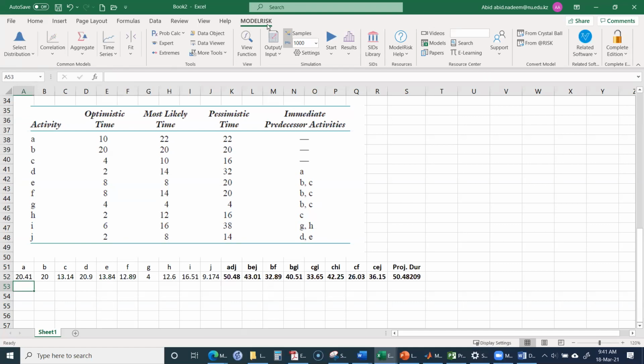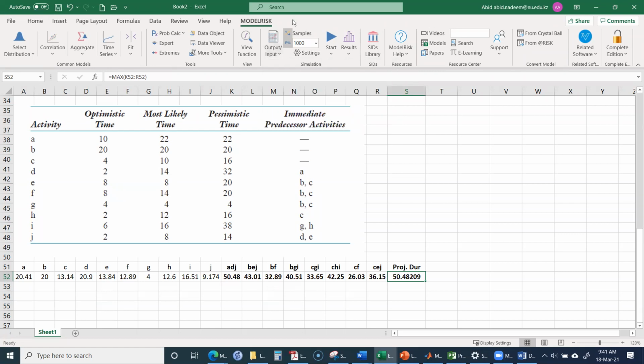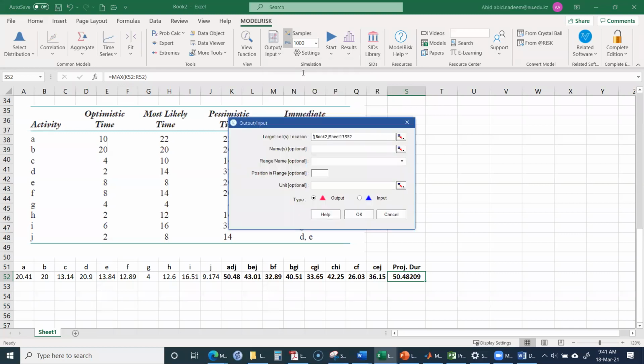So the next step in the model is to specify the output. Okay, so the output is this project duration. So you will click the down arrow next to the output and mark the output. The output is this target cell.